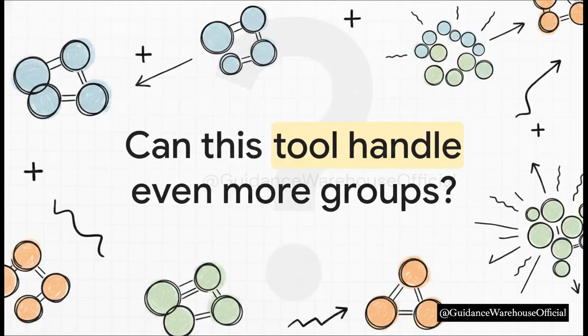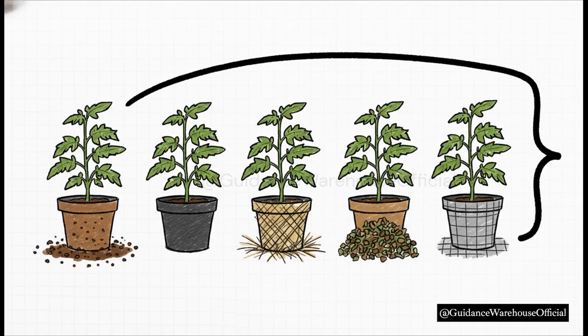Now, you might be wondering at this point, okay, clearly it works for 3 groups, but can this mathematical tool handle even more groups? Like, what if an experiment is much, much larger? Oh, absolutely it can. Consider this experiment done by students at Marist College. They wanted to test how different soil covers actually affected the weight of the tomatoes they were growing. They didn't just test 3 covers.